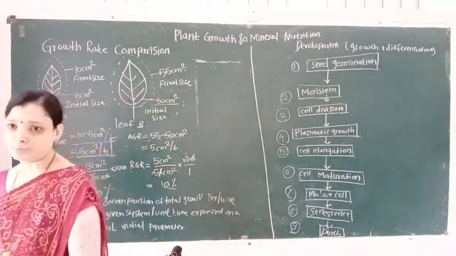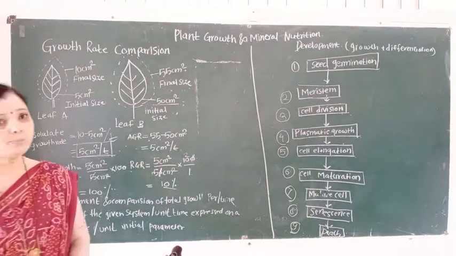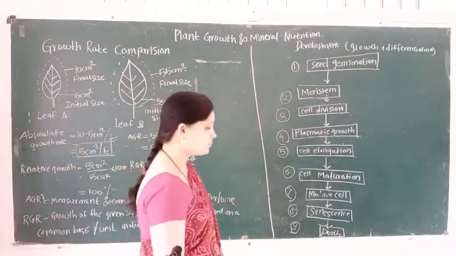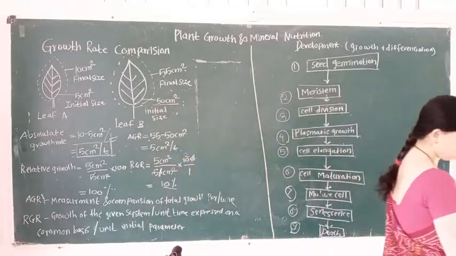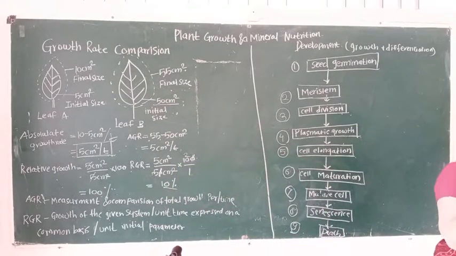Now, students, we learn the first concept. What is seed germination? Students, we know after fertilization, the ovary is converted into fruit and ovules are converted into the seed. And in this seed, a dormant embryo is present.